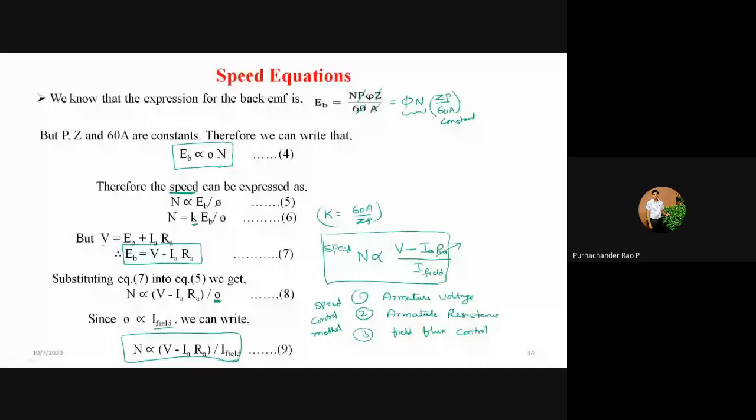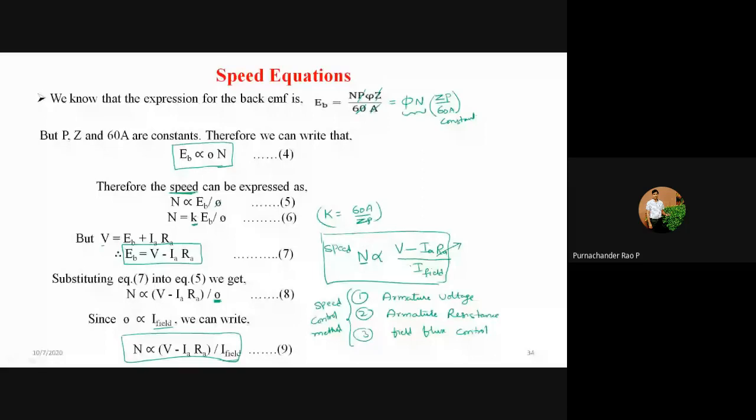By controlling the armature voltage, the armature resistance, or the field flux, you can control the speed of the motor.